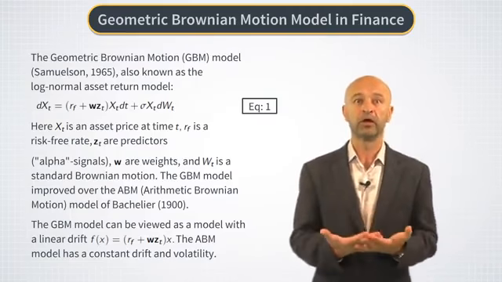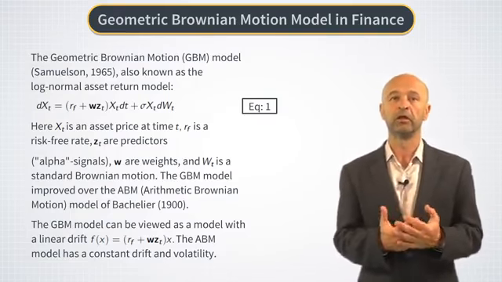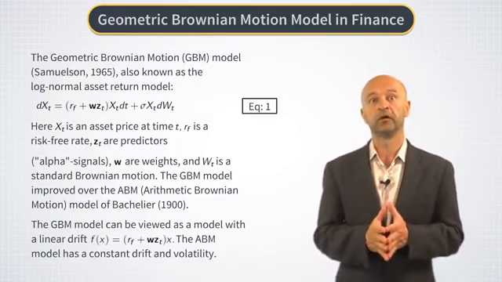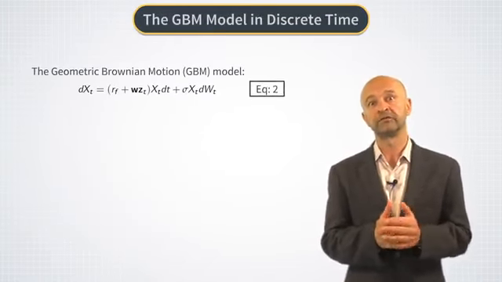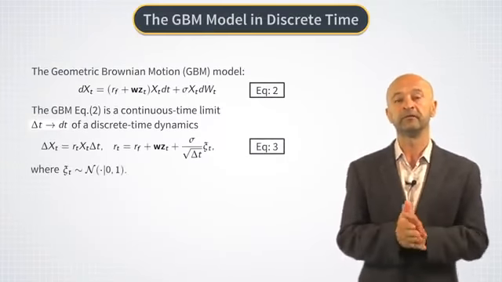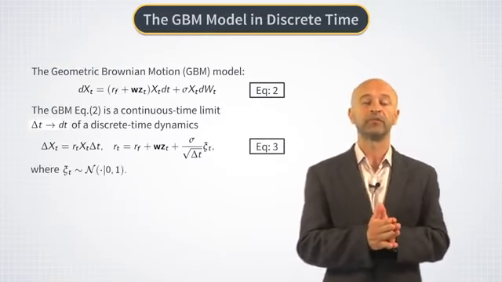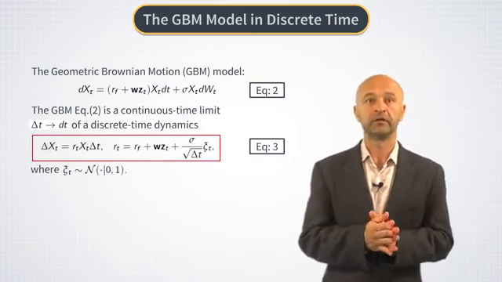And now I would like to show a discrete-time version of the GBM model that we will need going forward. And this is really simple. We just replace infinitesimal increments by finite increments and regroup terms. And this gives us equation 3 on this slide.